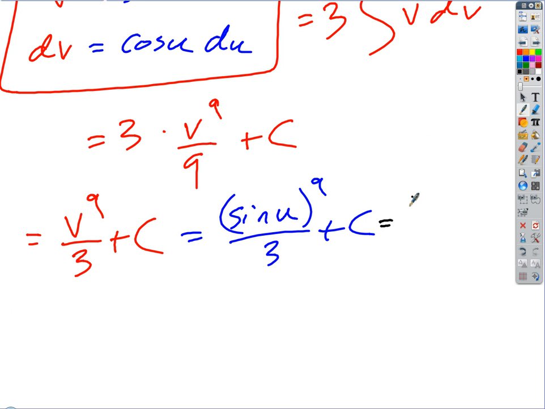So we end up with, and I'll go ahead and put the 9 back in there, sine to the 9th of x over 3 plus c. Okay. Make sense?